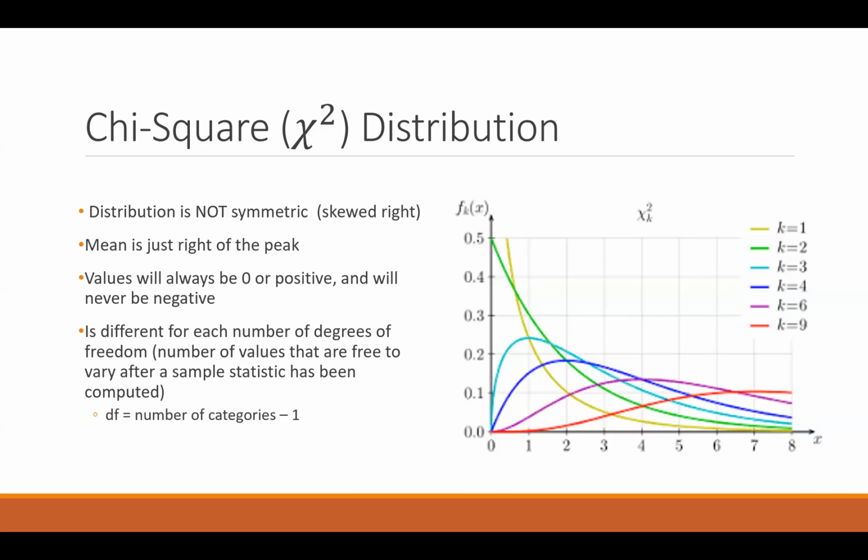Normally it's related to how many categories you have. And again, just like with a lot of our other distributions, chi-square can also be approximated using a normal distribution if you have a large enough degree of freedom. The primary thing to remember about chi-square is that it's not symmetric, so your values for the test statistic should be 0 or positive all the time, every time.